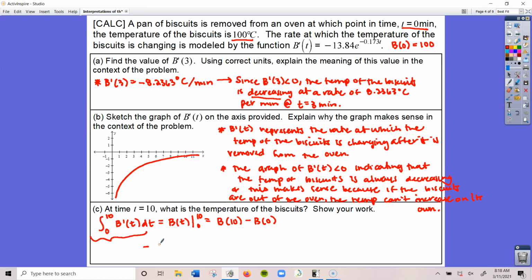So negative 65.8172 is going to equal b of 10 minus b of 0, which is 100. So to get b of 10, we would just add the 100 over. Therefore, b of 10 is going to equal 34.1828 degrees Celsius.